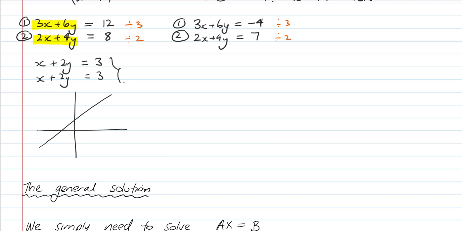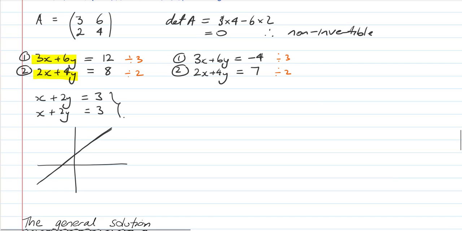I don't know what it looks like exactly, but that's the first one. And that's the second one. There's an infinite number of solutions. And when we say infinite number of solutions, I can pick any x. If x is 3, then y is a half, and that works in any case. And so x equals 3, y equals a half, which is clearly not on here, is a solution.